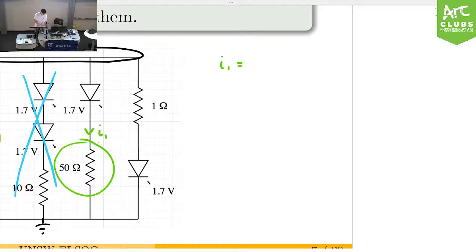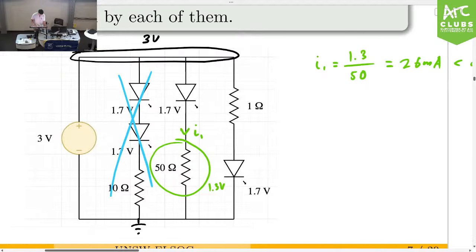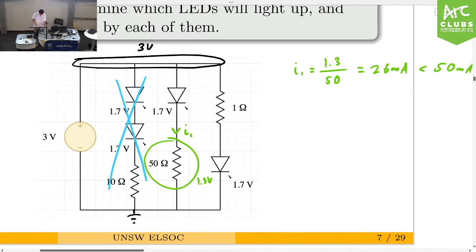So in this case, we would have a drop of 1.3 volts for this resistor. So we have V over the resistance of the resistor, which is 50, and that should give you 26 milliamps. Now that is less than 50 milliamps, so we're safe. So current will flow through here, this LED will light up without breaking.